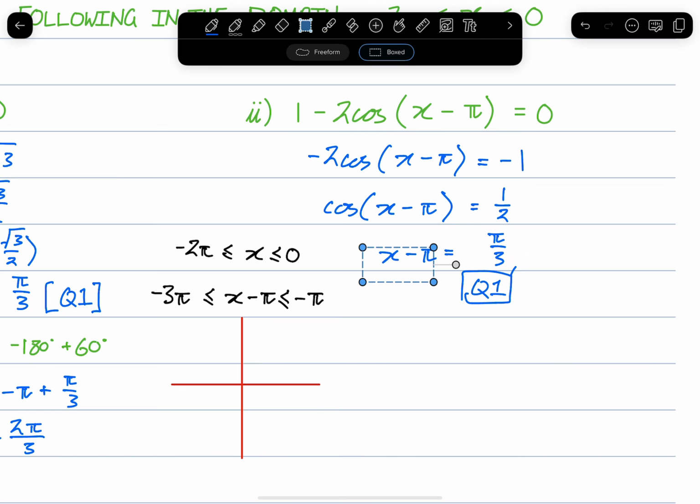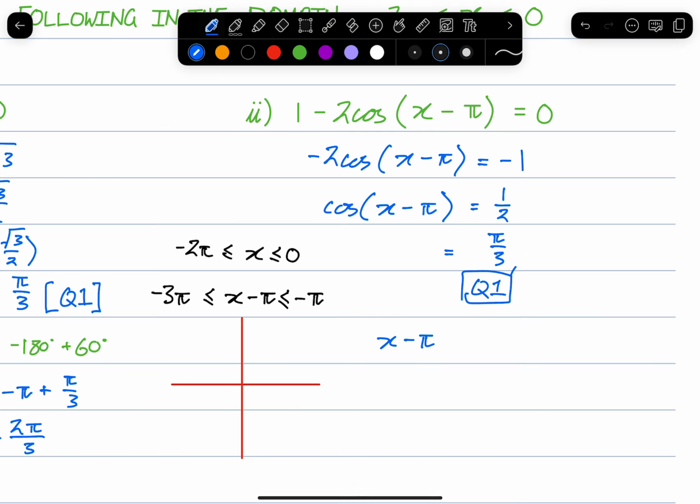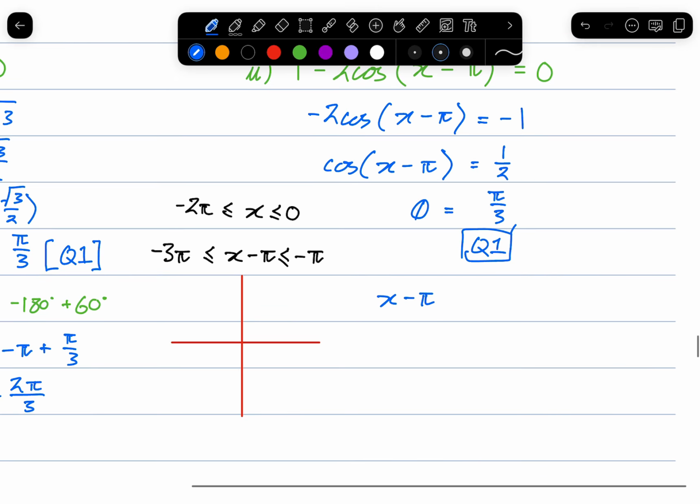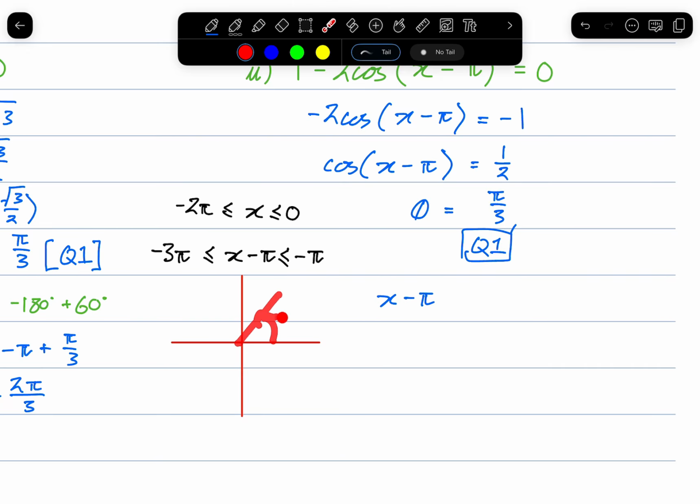If anything, we could have just written that as theta for now. So now we're going to try and find the equivalent angles to pi on 3 this way. Cos is positive only in quadrants 1 and 4.